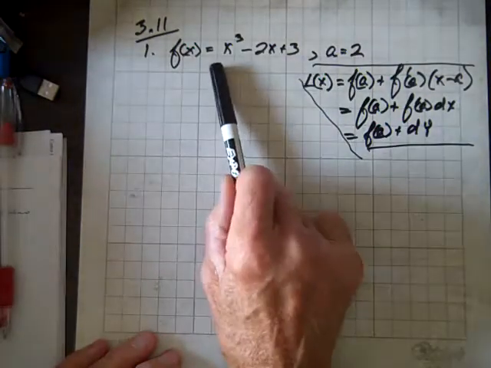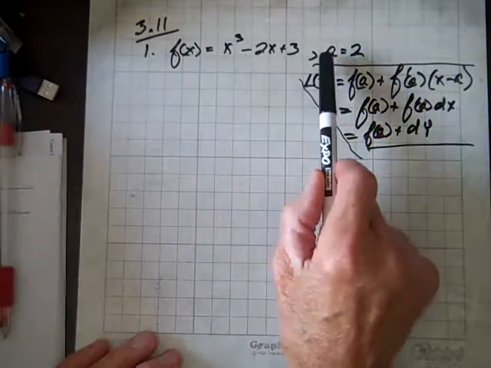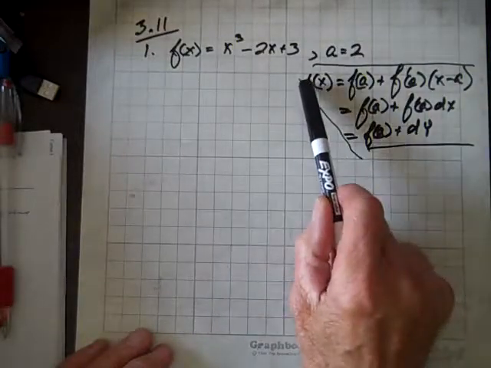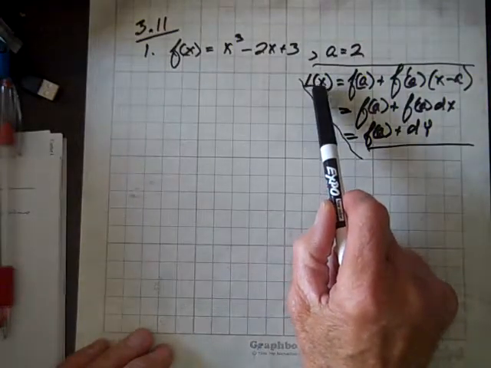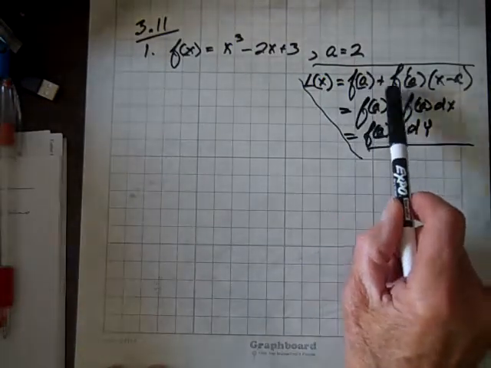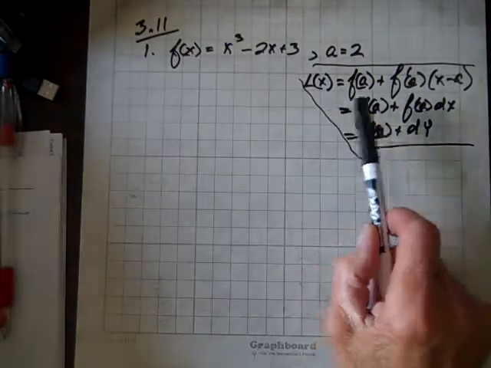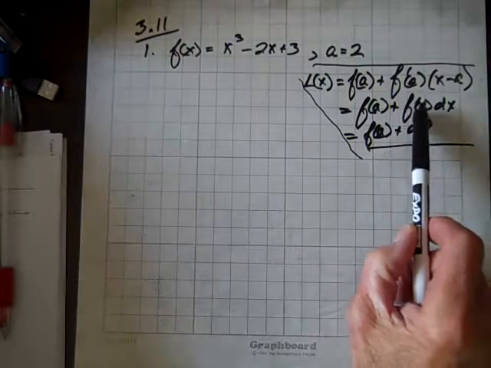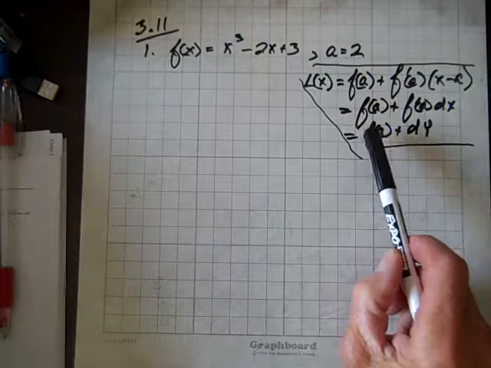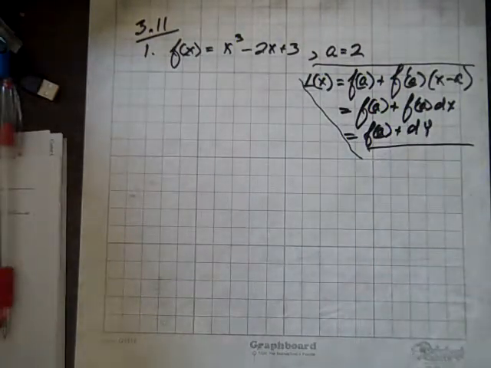In other words, a line that will approximate the values of f of x near x equals 2, and the linearization formula is L of x equals, for some a, f of a plus f prime of a times x minus a, and as we're going to find out, that's going to become f of a plus f prime of a times dx, the change in x, which ultimately, as we will find out, is f of a plus dy, the differential.